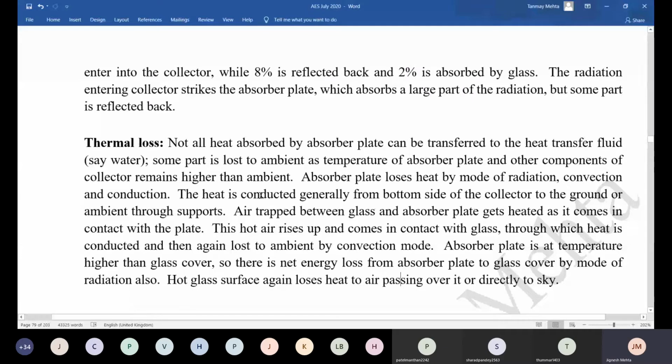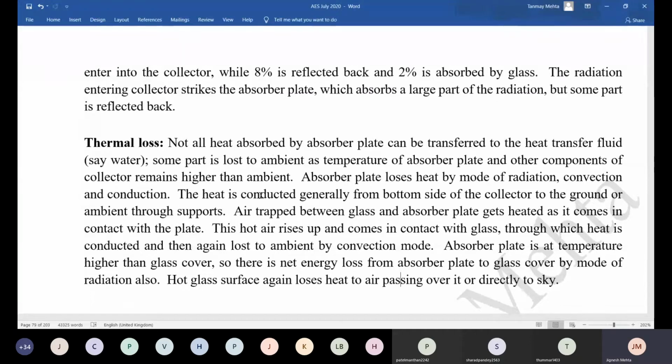This happens after the radiation has been absorbed in the absorber plate. When the radiation is absorbed in the absorber plate, it achieves a temperature higher than the ambient temperature. So you have created a potential difference, the temperature difference, which will be responsible for heat transfer, or in this case, it is a loss.